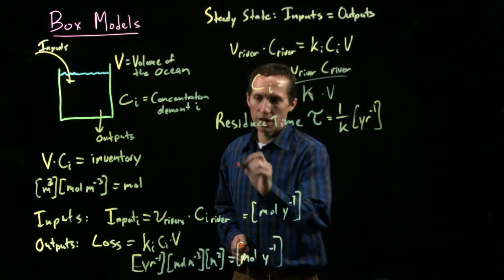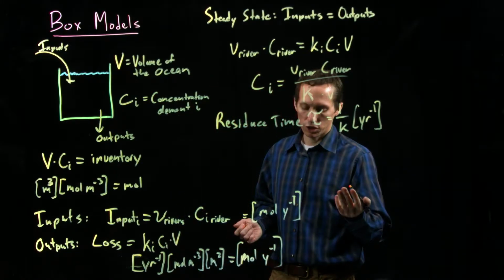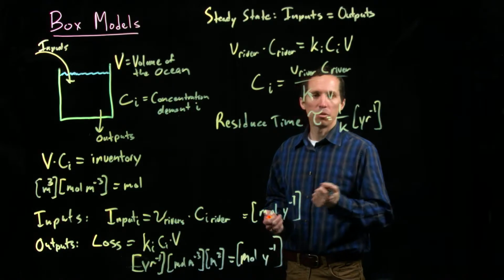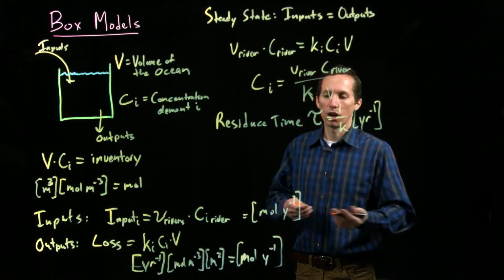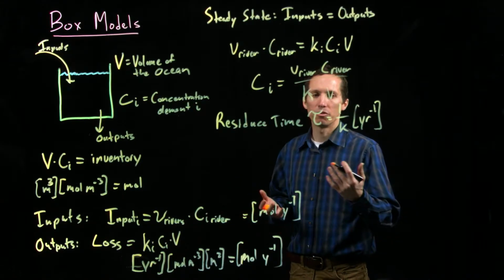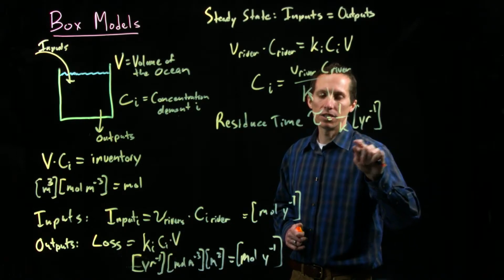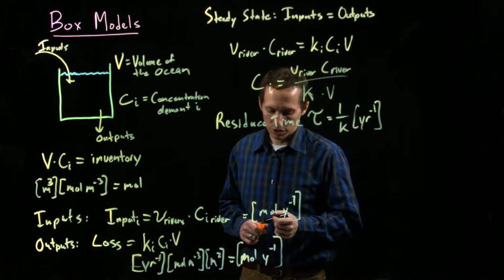And it's essentially the average time that a chemical or constituent spends in the ocean before it is removed. So how long on average does calcium, for example, stay in the ocean before it's removed? That is reported in residence time, and it's a function of the years.